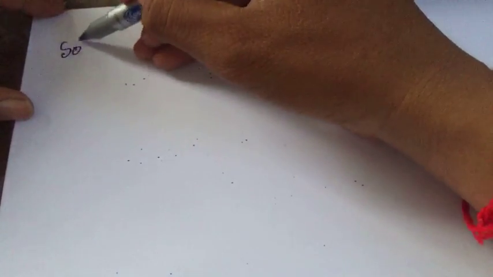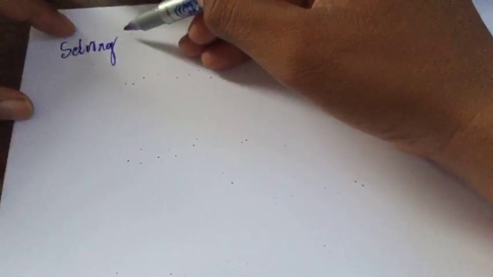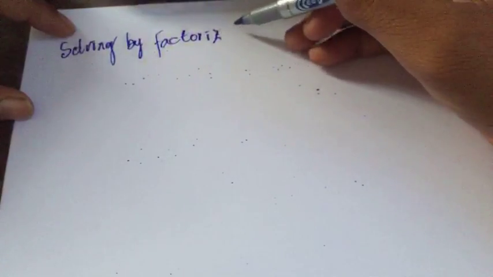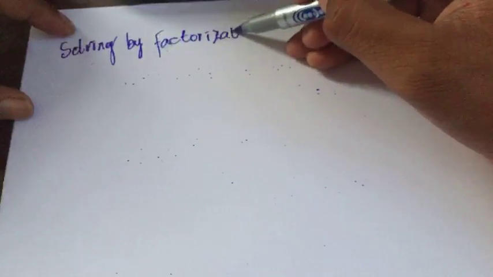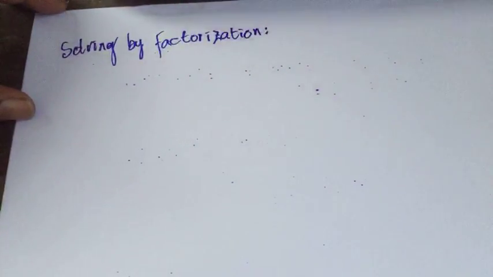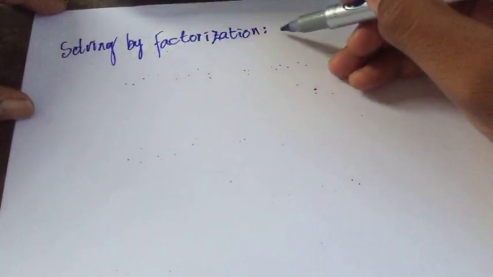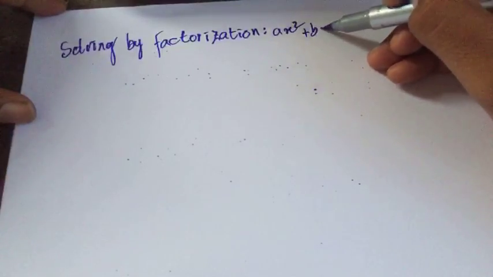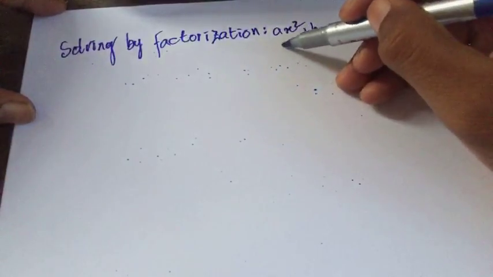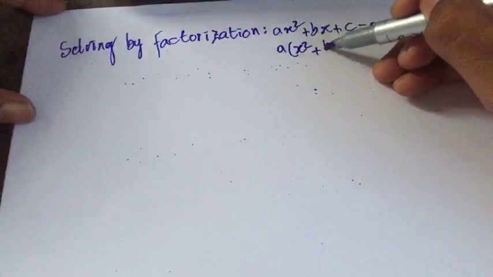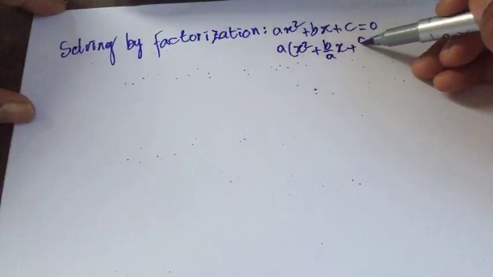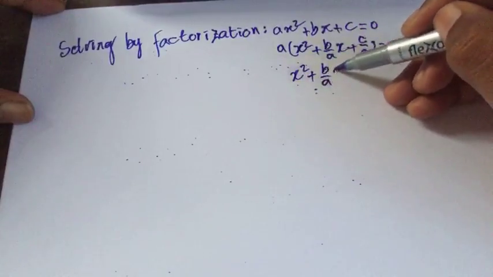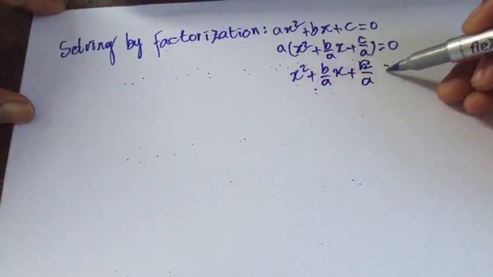Solving a quadratic by factorization, we put the equation into the form ax squared plus bx plus c equal to 0, and then divide by a: x squared plus b divided by a x plus c divided by a equal to 0.